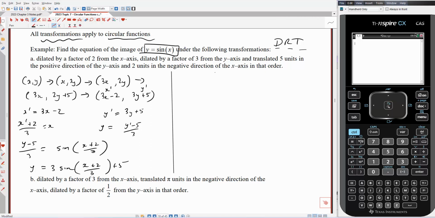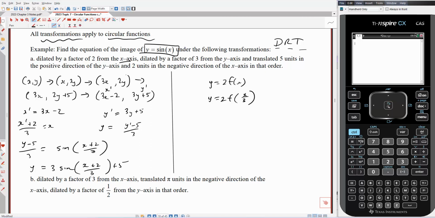Okay, so now I'm going to try it via function. So the first thing I'm going to do is dilate it by a factor of 2 from the x-axis. So that's y equals 2 f(x). Alright, now dilated by a factor of 3 from the y-axis. So that's y equals 2 f(x on 3). Alright. What's next?